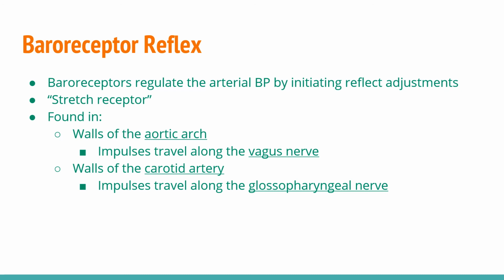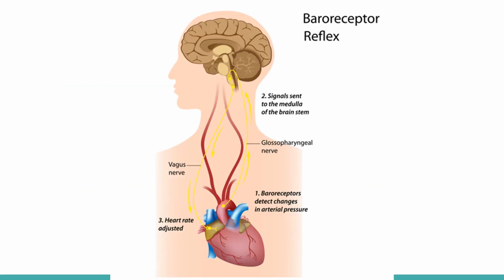We've talked about it a little bit, probably a couple of PowerPoints ago. So that's related to preload. The baroreceptors are found in the wall of the aortic arch, and the impulses travel along the vagus nerve, and then in the carotid artery, the impulses travel along the glossopharyngeal nerve. So you need to study all this good stuff.